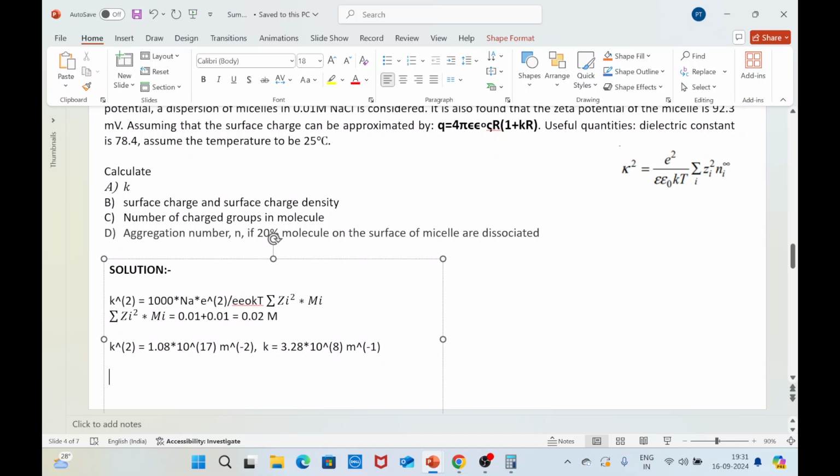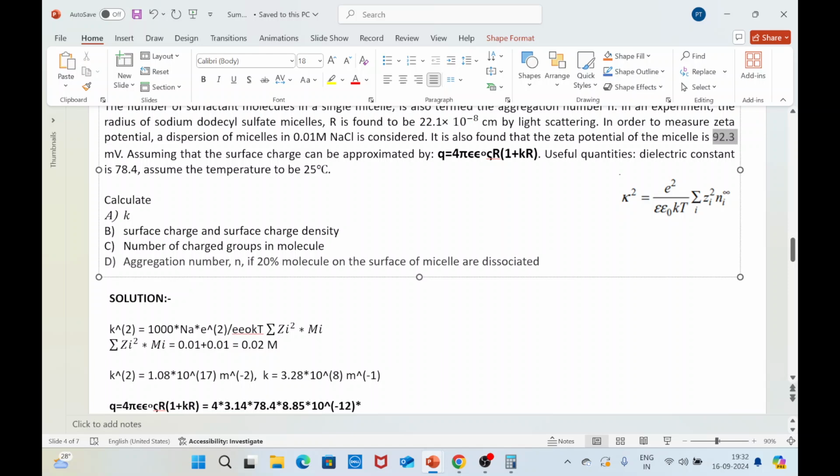Here you just need to substitute every value that you have in this expression. If you do that, you will be getting 4 times epsilon, dielectric constant 78.4, times 8.85 times 10 power minus 12, times zeta potential, that is given as 92.3 millivolt.